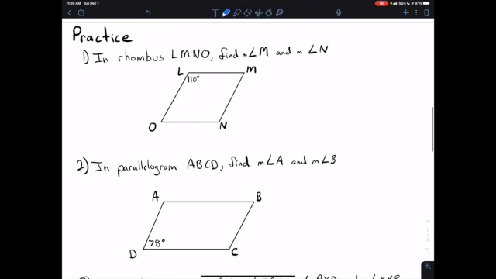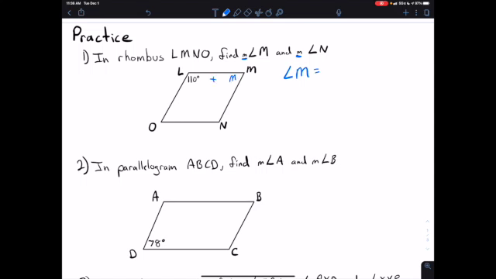Let's do some practice problems here. In rhombus LMNO, find the measure of angle M and the measure of angle N. The little m here stands for measure. All right, so angle M first. This angle plus angle M has to be 180 degrees.